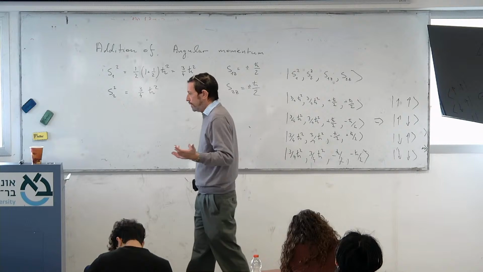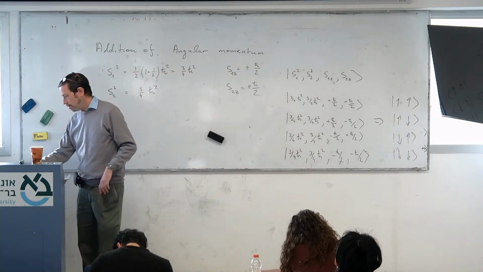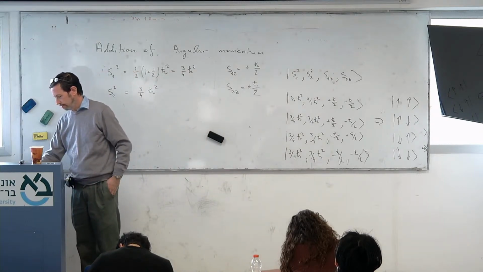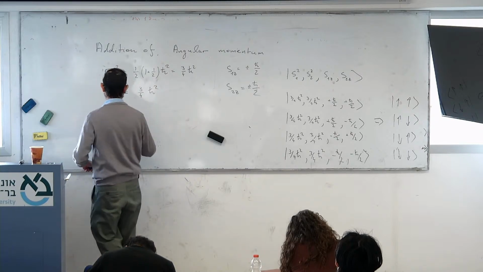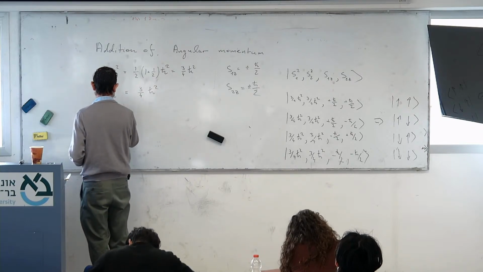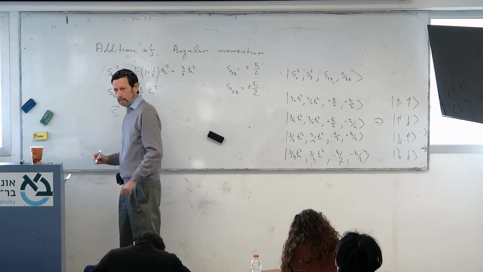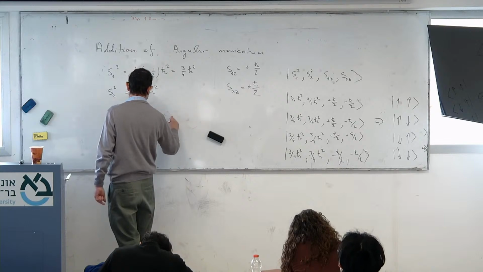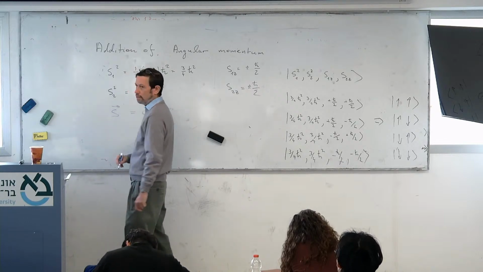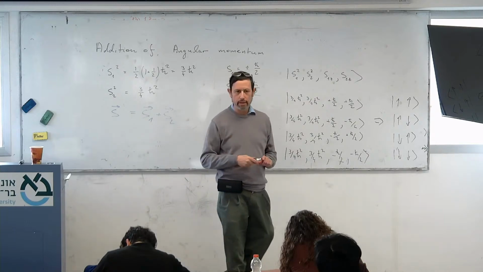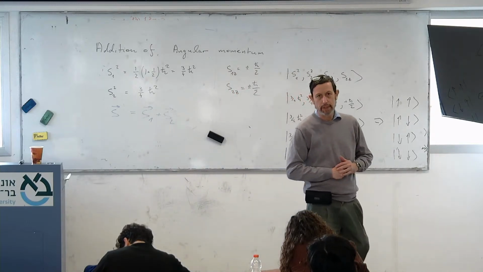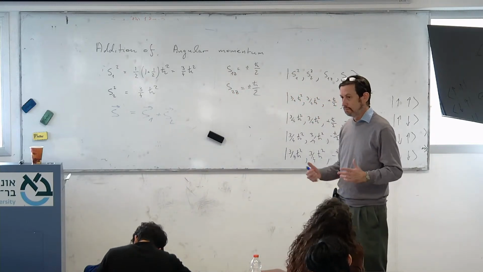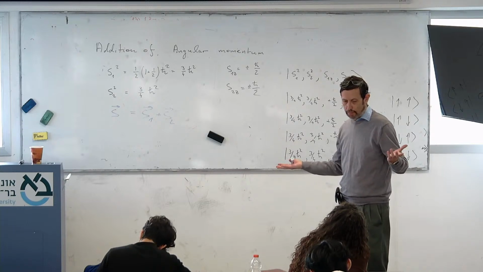Okay, in classical physics, no problem. Go and build a state. Add the 2 vectors of the angular momentum S1 and S2, and you finished your problem.